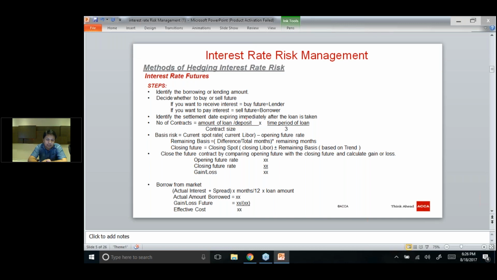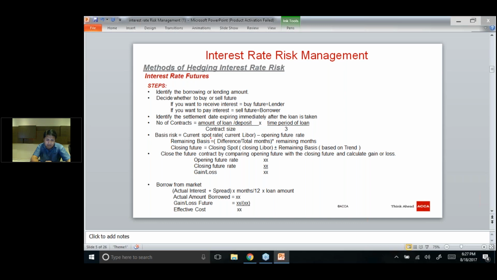Identify the settlement date expiring immediately after the loan is taken. So let's suppose you are going to borrow on 1st May. You will choose June. If you are going to borrow in October, you will choose December. If you are going to borrow in July, August, or start of September, you will definitely choose the September contract. Number of contracts has the formula which we have discussed in the previous slide.